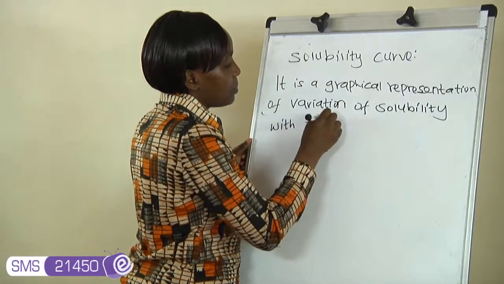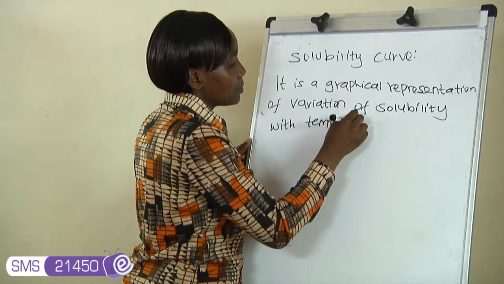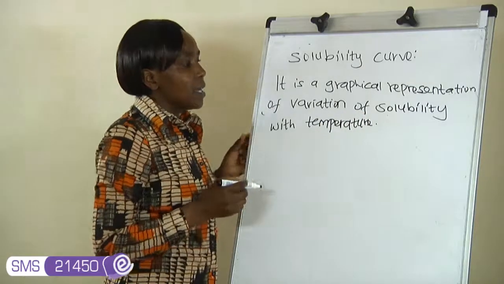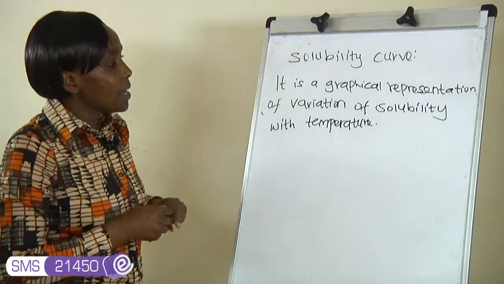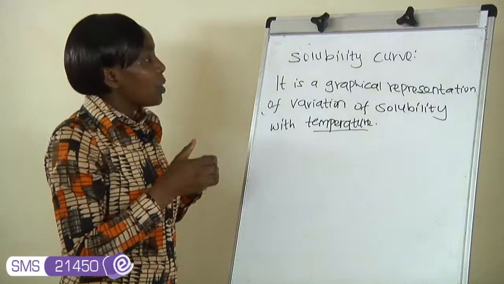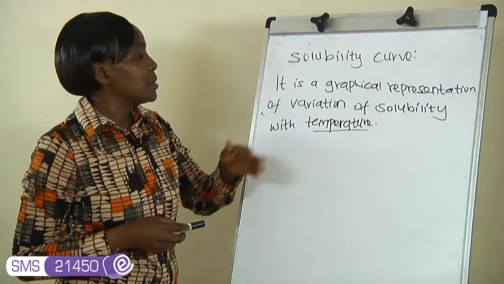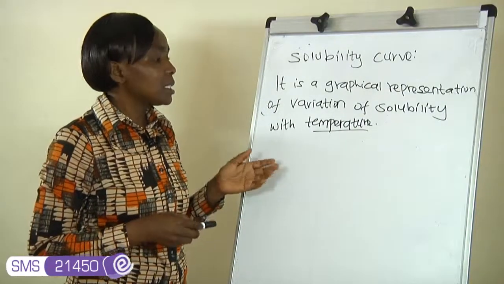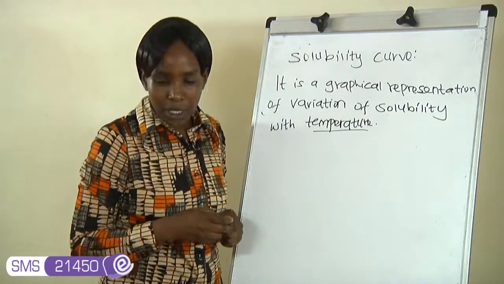Remember, we have said that we are talking of solubility in 100 grams of solvent at a particular temperature. So the curve is a graphical representation of variation of solubility with the temperature.